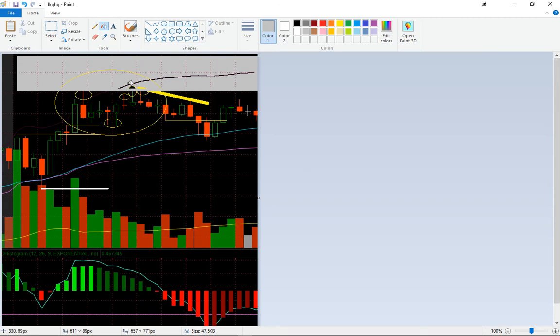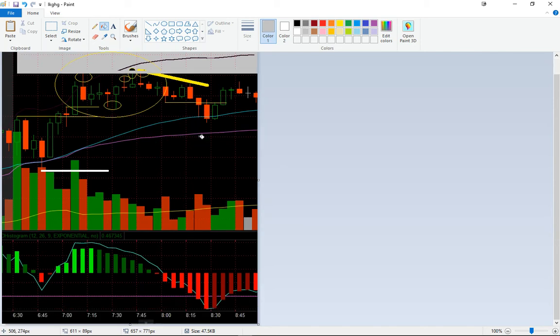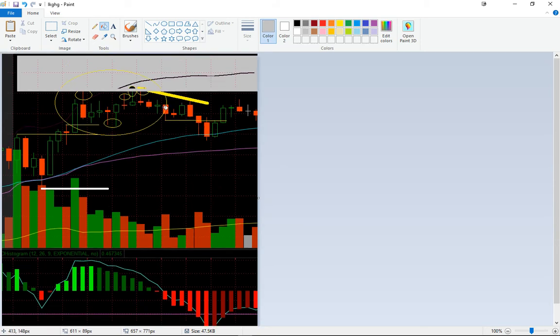Okay. Now, why did I stick around long enough to see this? See, this is 8:30 right here. Okay. Because I knew this was a double top. I could see this was reversing. I could see the histogram was flipping over. And therefore, I knew this was going to be basically what we call a cup and handle.